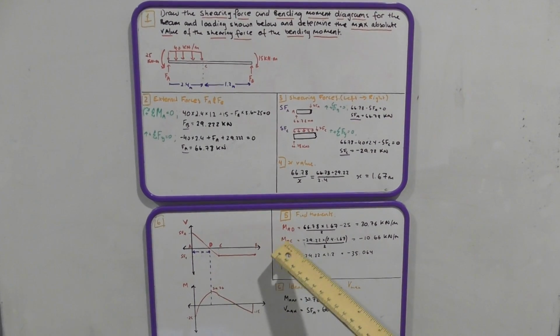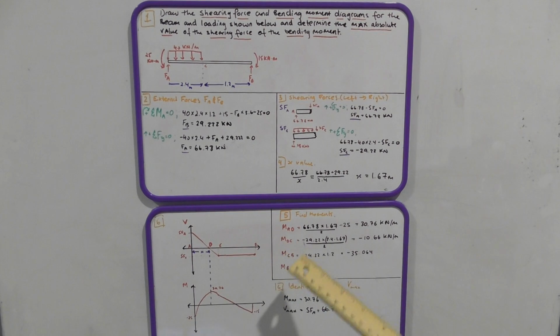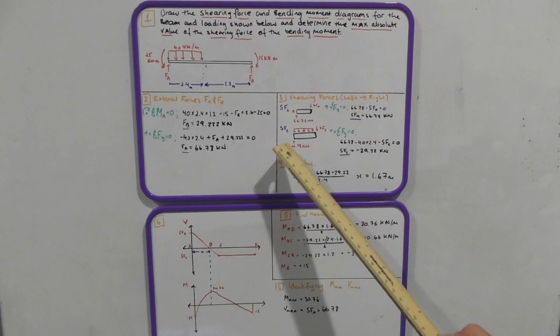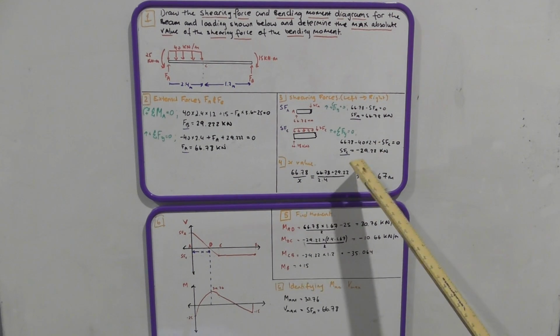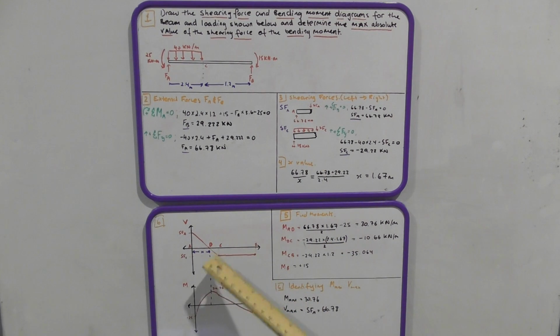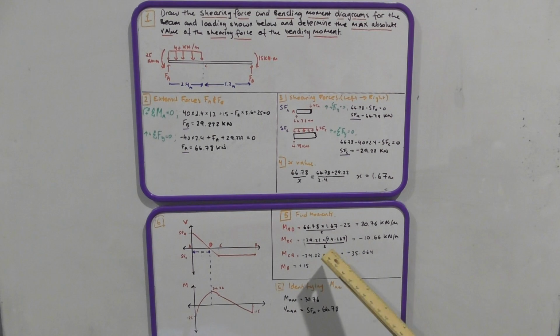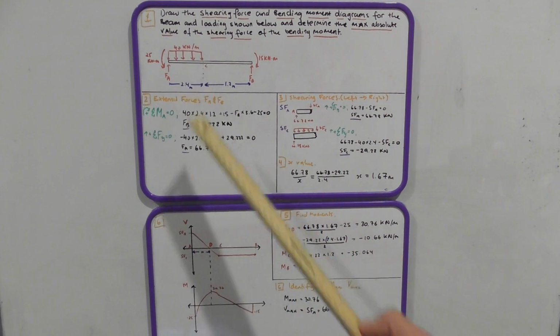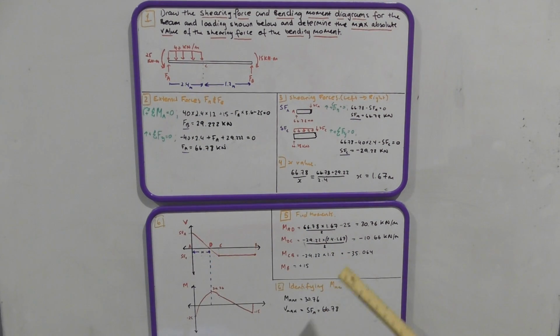Next, we will do the moments D to C, which will be similarly the shearing force at C, a negative, multiplied by 2.4, which is that distance here, minus our x, and divided by 2 because it's a small triangle, and that is equal to negative 10.66.